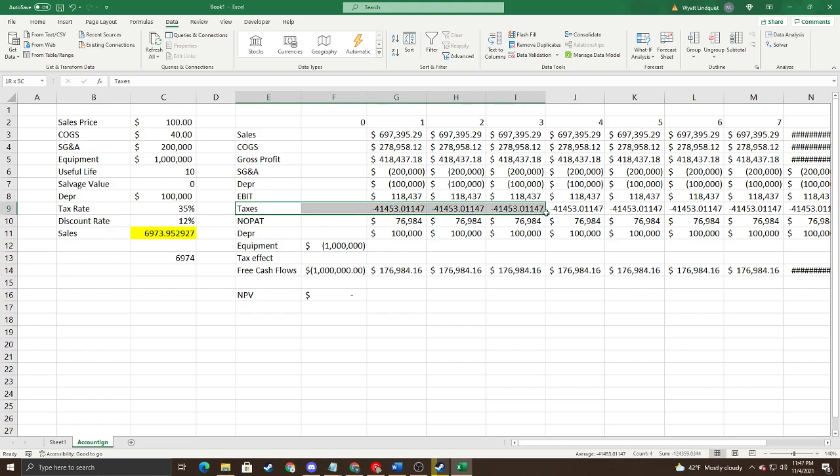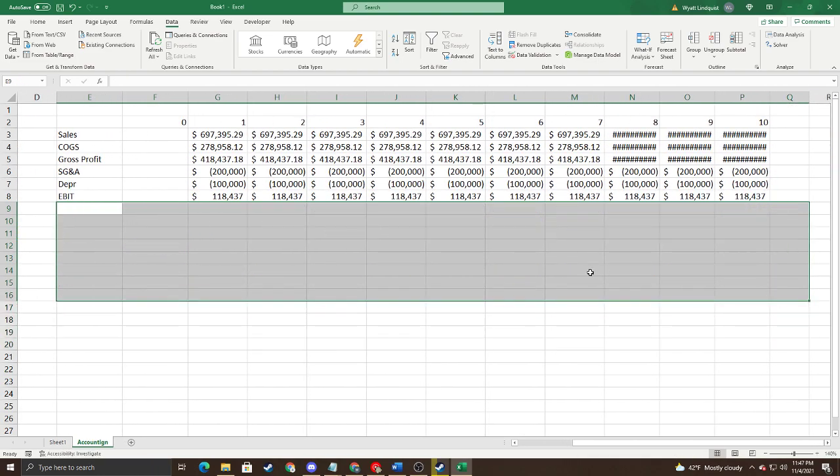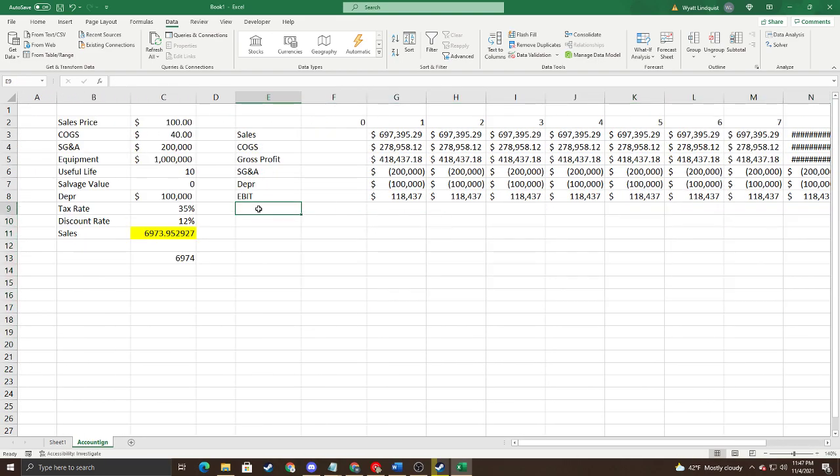So with our accounting one, we're just going to get rid of taxes, get rid of NOPAT, get rid of depreciation, adding back, all of this stuff here at the bottom. And we're just going to do our earnings before income tax. And we want this to be equal to 0.